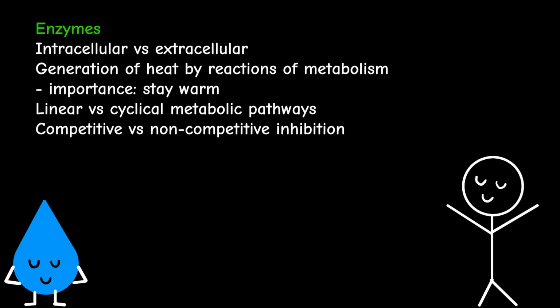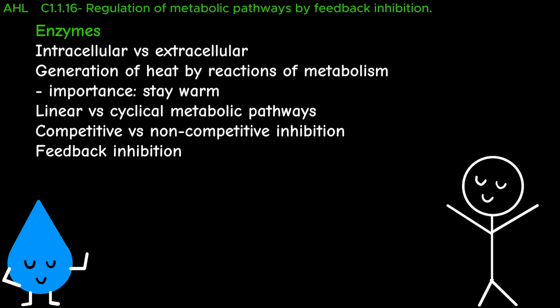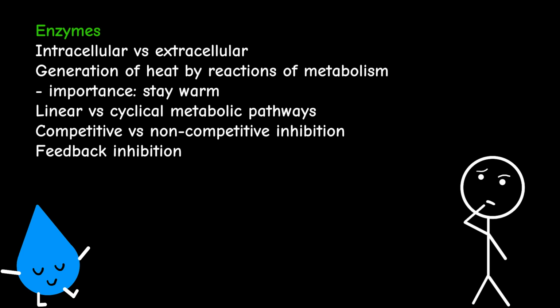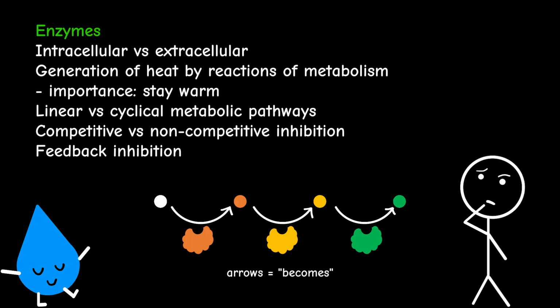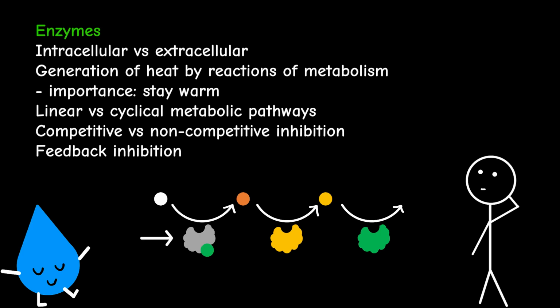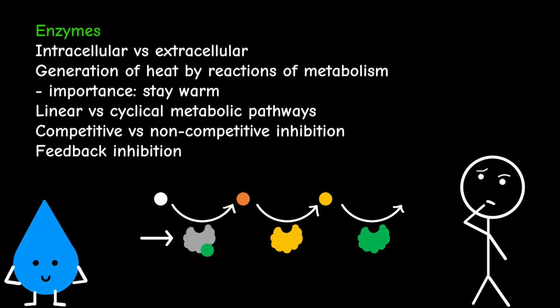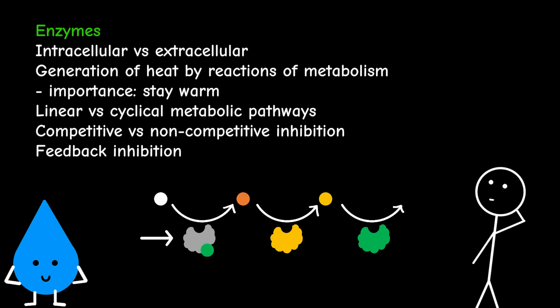We're almost done. Explain feedback inhibition. Is it the end product inhibition? Yeah. It was that the end product inhibits the first enzyme in the metabolic pathway. Great! And how is that useful?